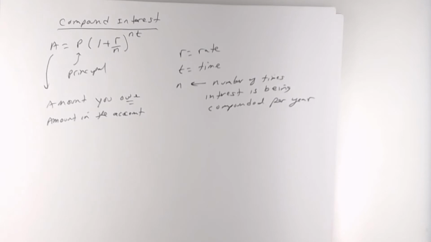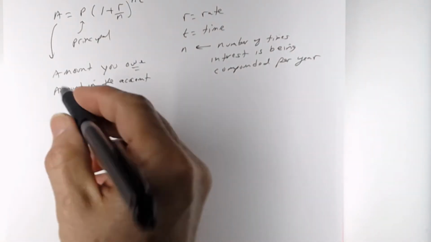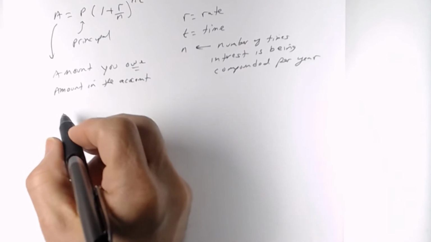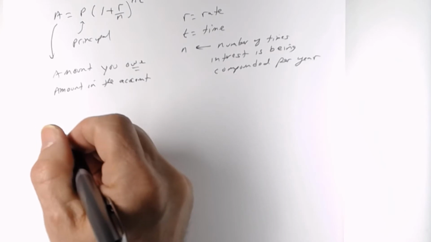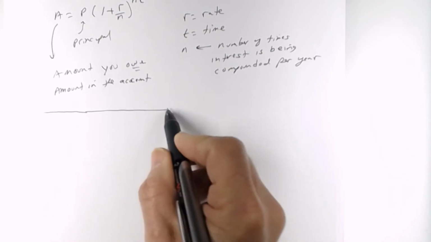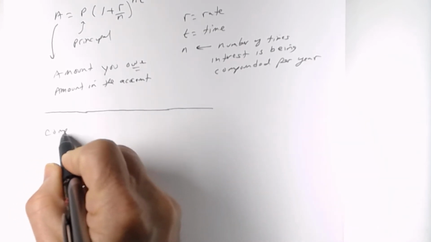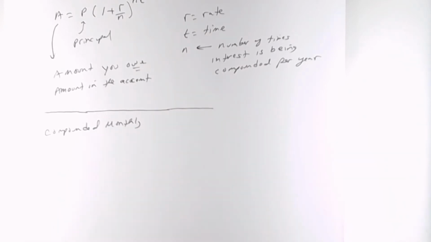Now listen carefully. This varies depending on the bank, but there are times when your interest is being compounded, let's say, monthly. That means every month, that interest earns interest as well.